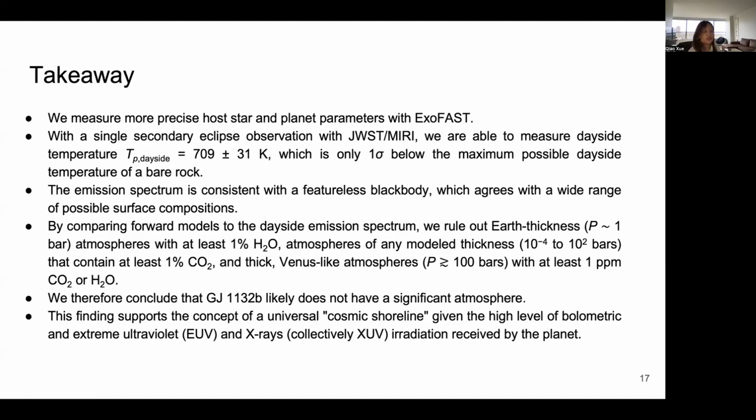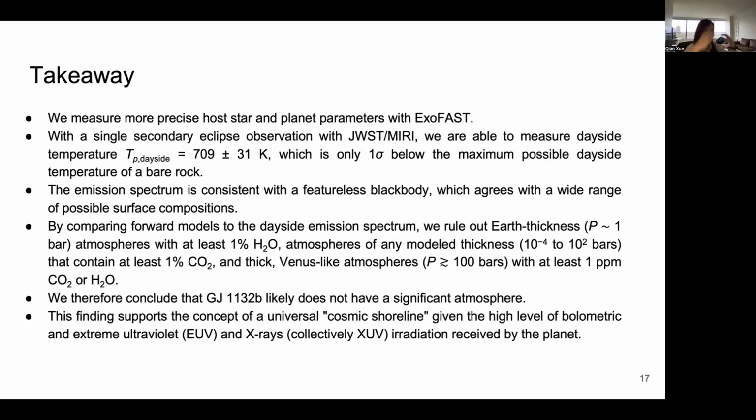It is consistent with a featureless blackbody that agrees with a wide range of possible surface compositions, and by comparing a broad range of atmospheric models to the emission spectrum, we ruled out Earth-thickness atmospheres.